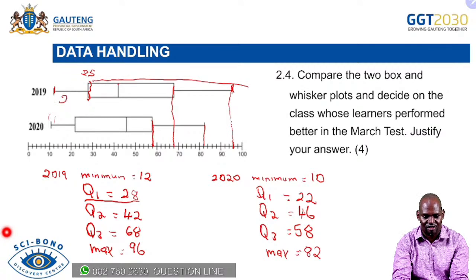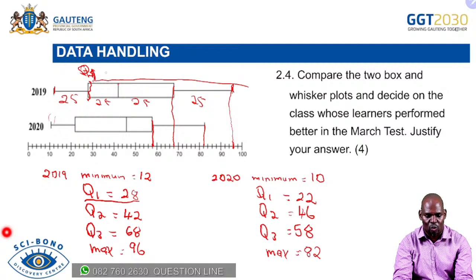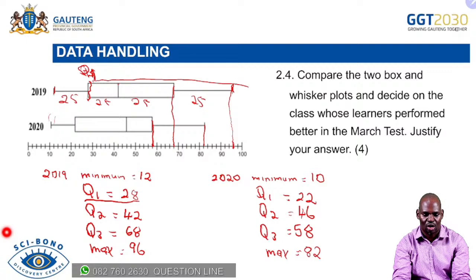Remember we said this is 25, this is 25, this is 25, and that is 25, and this is actually quartile 1. So if quartile 1 is 28, we look on the left hand side: the percentage is 25. So 25% of the learners got 28 and less. And on the right hand side, the whole percentage out of 100 is 75. So 75% of the learners got more than 28.